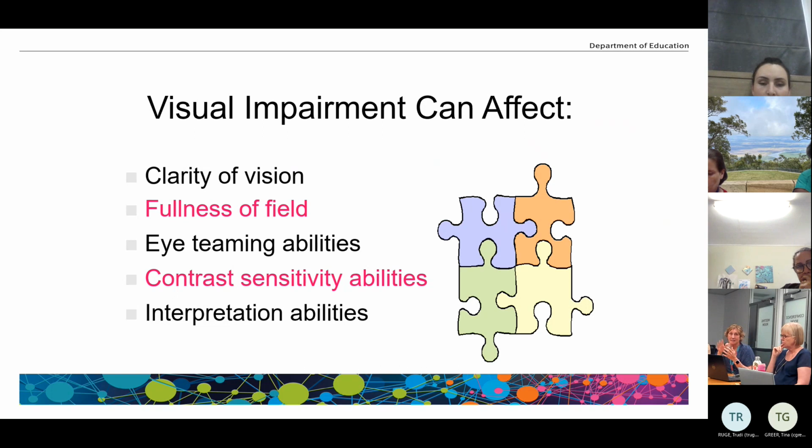Contrast sensitivity is looking at things that have significant contrast, so that you can pick out what you're seeing. Interpretation ability is when that message gets to the brain: what am I seeing? It's putting all the pieces together, and that can be impacted on.